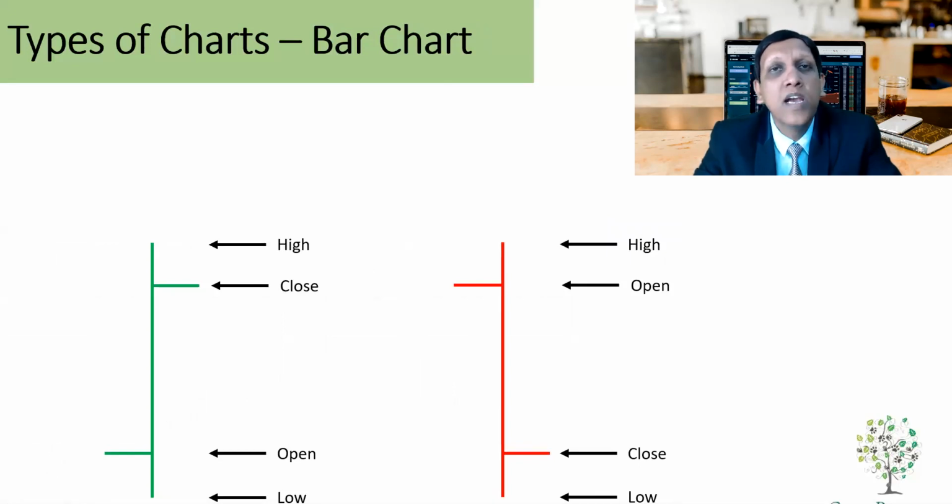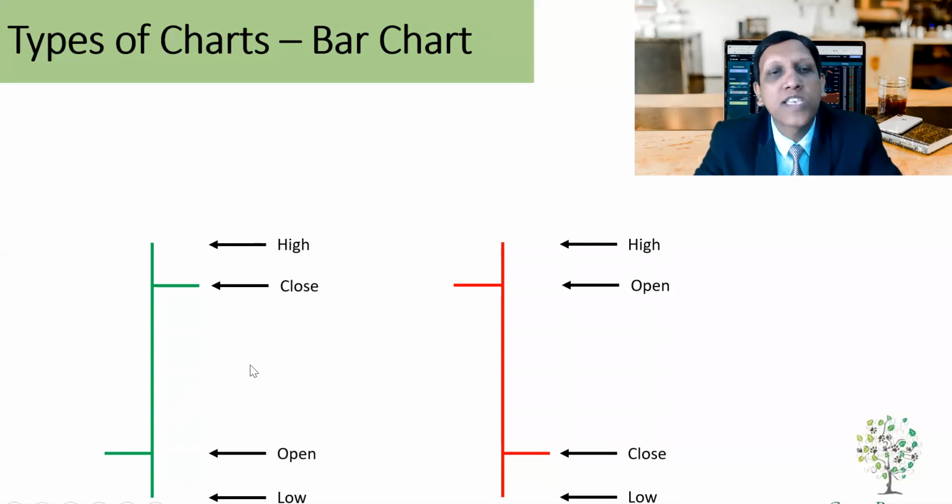Now typically what you have to remember is there are four types of prices. First is the open price, at which the market opens, and the price at which it closes. The closing price is also there in the line chart. But then there are also two other prices: one is called the high and another is called the low.